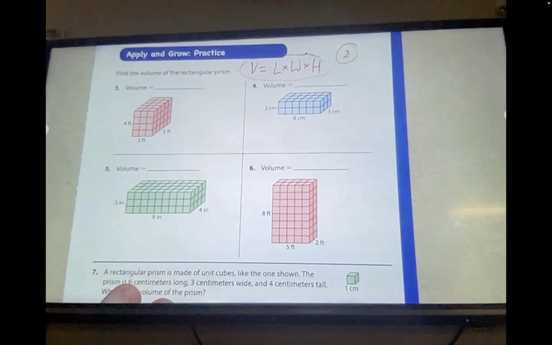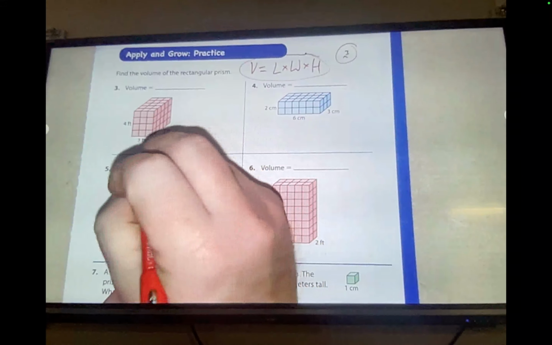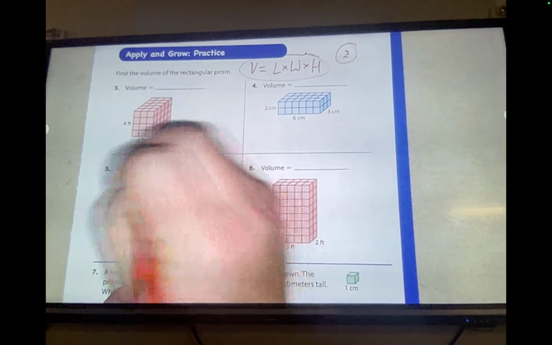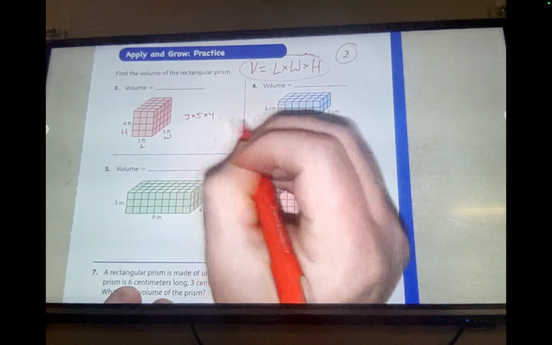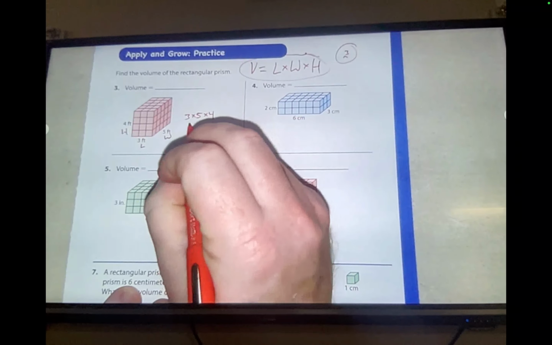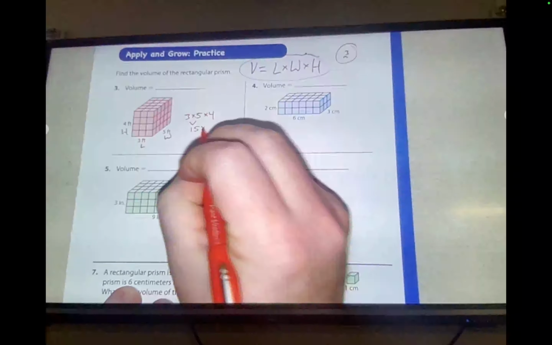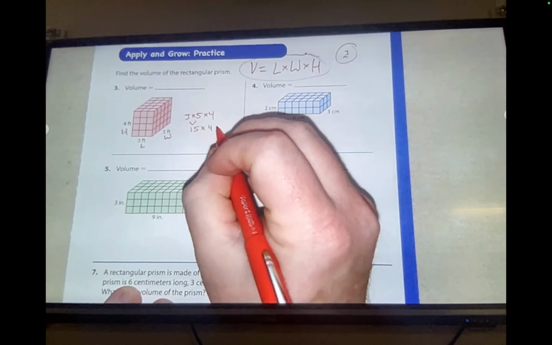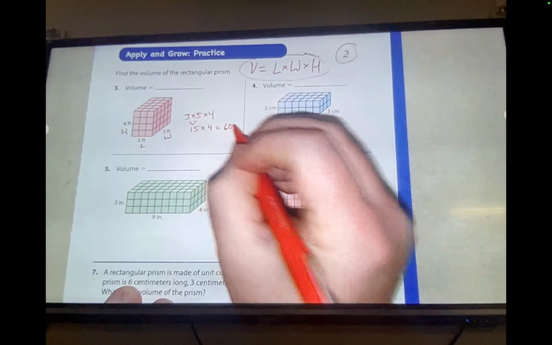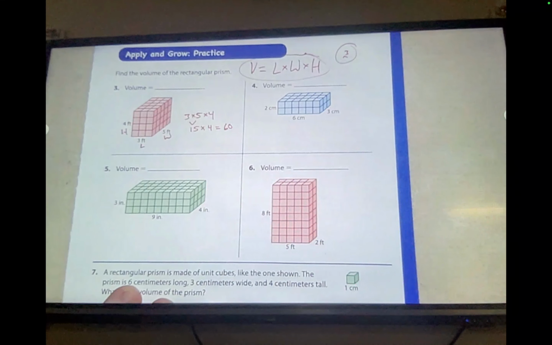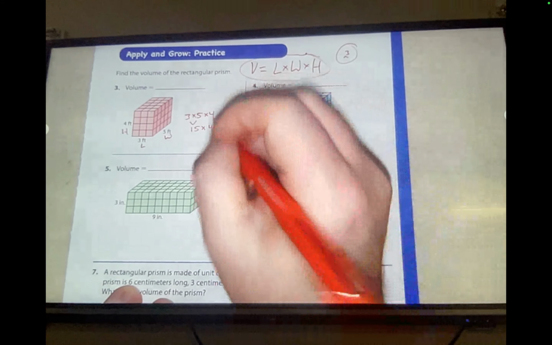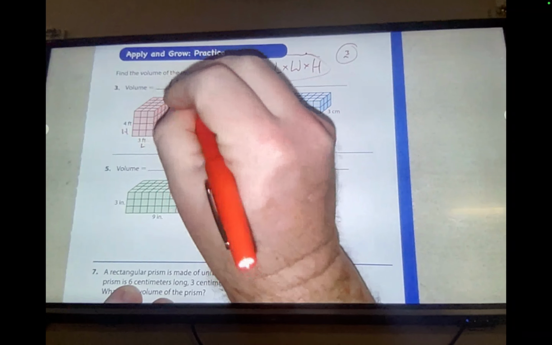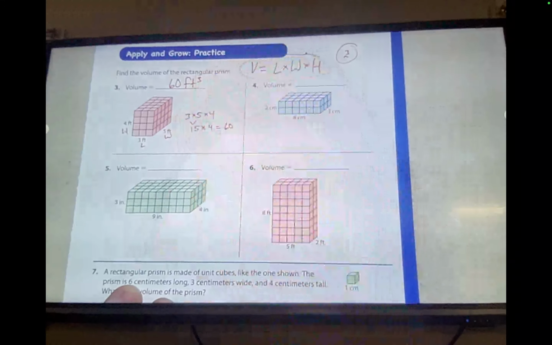So looking at number 3, we're going to do length times width times height. So 3 times 5 times 4. Well, 3 times 5 is 15. 15 times 4 equals 60. And the way I did that is I just broke it up. 15 times 2 is 30. And then I did that again. It's 30 plus 30, 60. So we get 60 feet cubed.